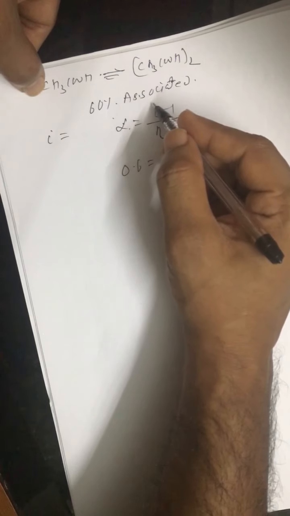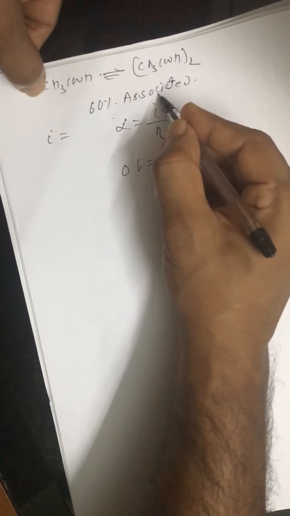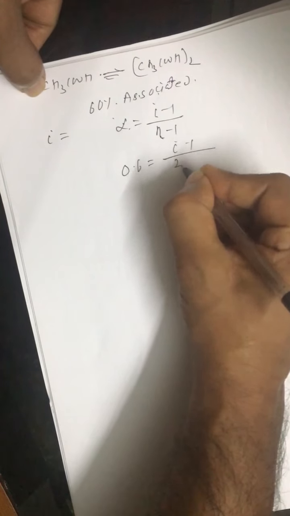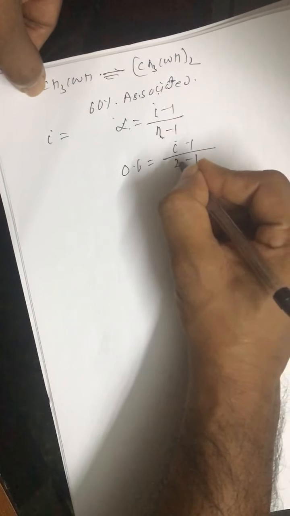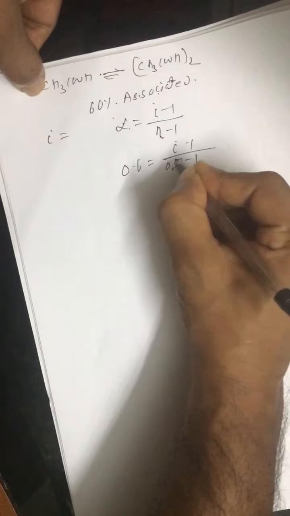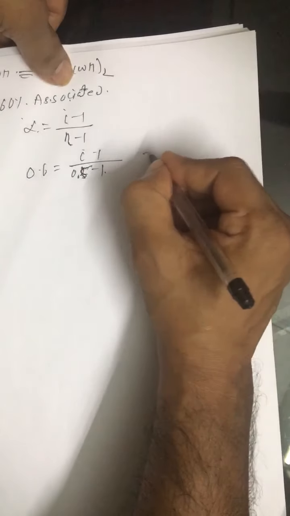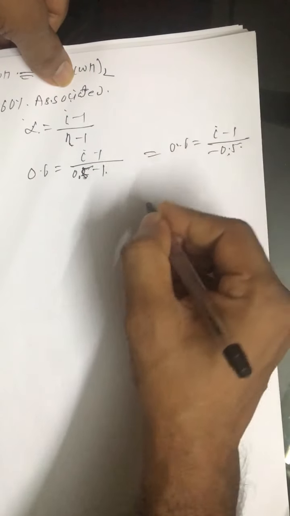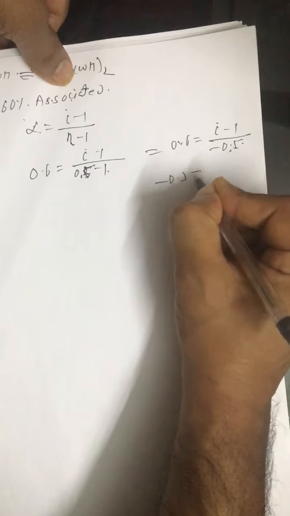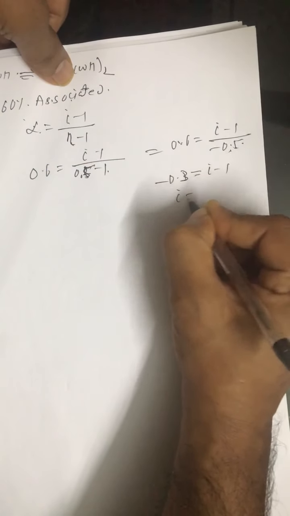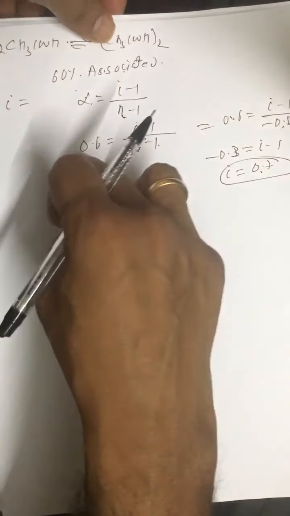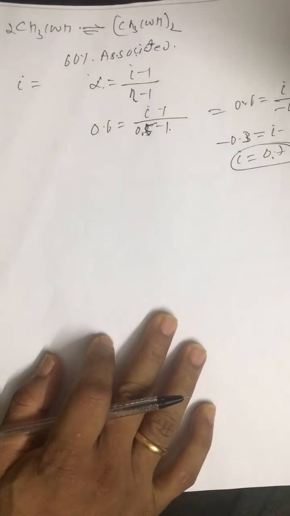If it is not mentioned whether it is dimerized or trimerized, we will assume it is dimerized. So eta is 1 by 2, that is 0.5, minus 1. So we get 0.6 equals (i minus 1) upon minus 0.5, or this is minus 0.3, that is equal to i minus 1, or i is equal to 0.7. It is less than 1. And in case of 100% association, i becomes equal to eta, that is 0.5. So you should know how to calculate i.